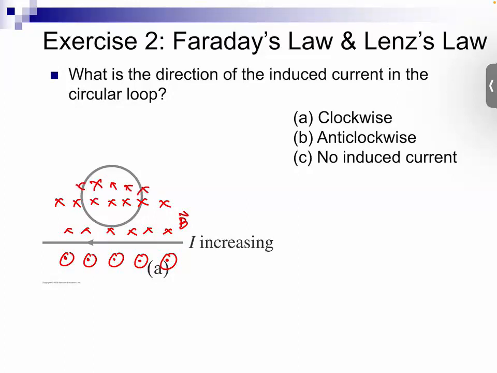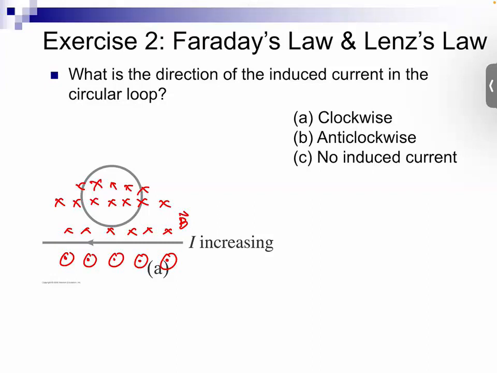So say originally you have 3 magnetic field lines, the current is increasing, hence you have the additional ones, this is now the new number of magnetic field lines, right? Lenz's law doesn't want this.